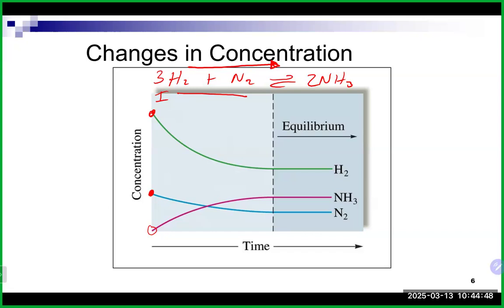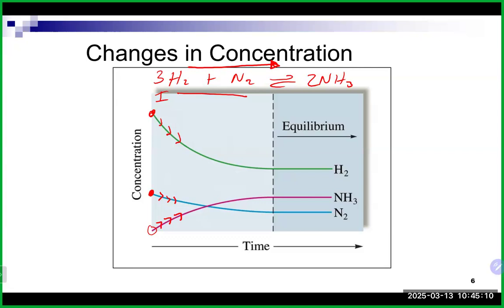At some point, you will start to build up some products. We see that forward direction here when we look at our reactants: they start to decrease as time goes on. At the same moment, we start to see some products being made, right? We're making products as we use our reactants.